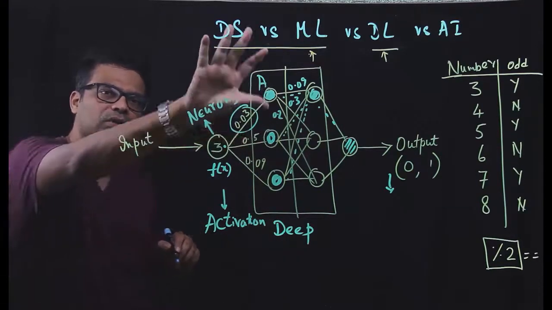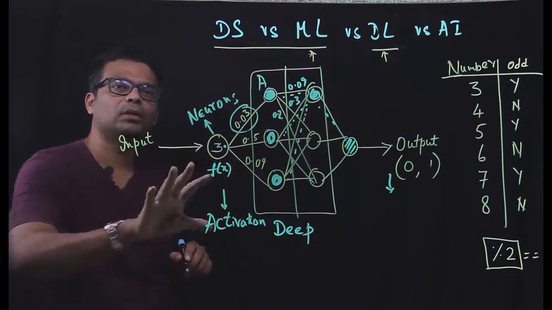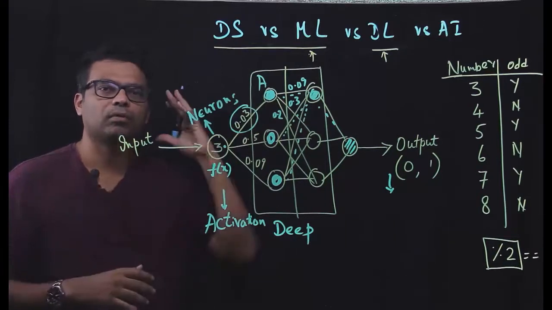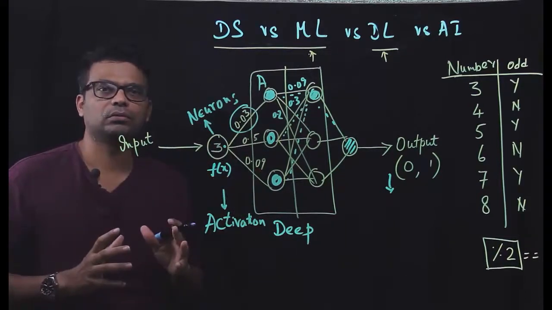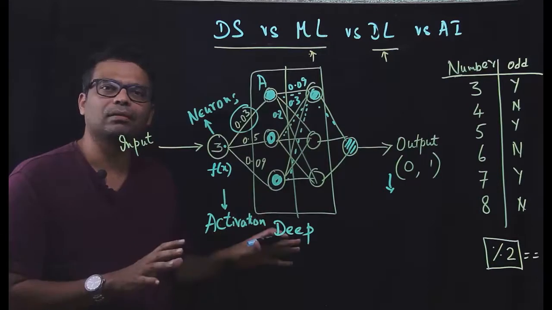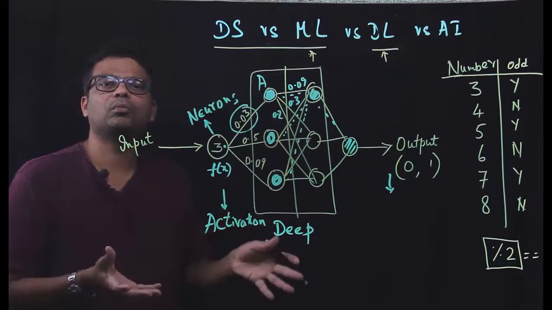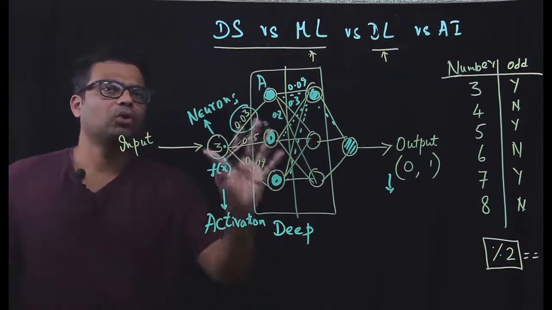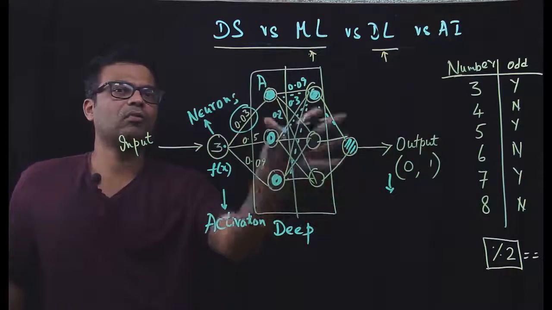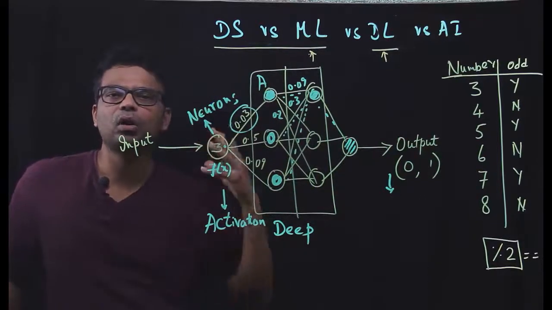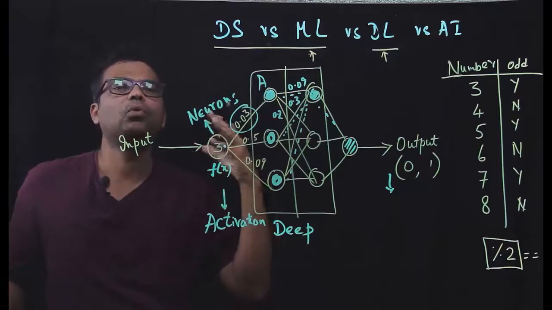The structure of this neural network has been inspired by the way the human brain is structured, not the way the human brain thinks. People still don't know how the human brain thinks. But the neural network is structured based off of how the neurons inside our brain are structured.